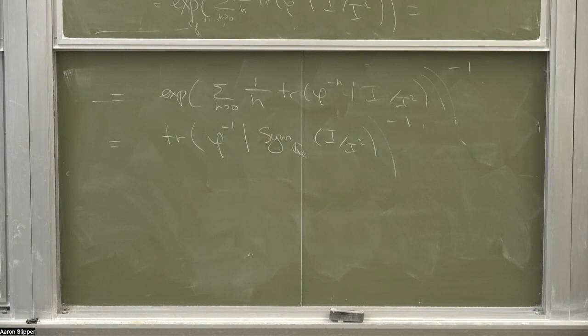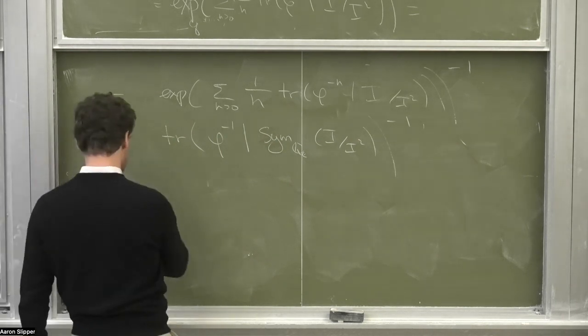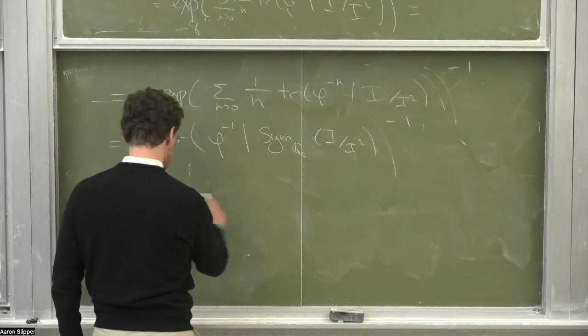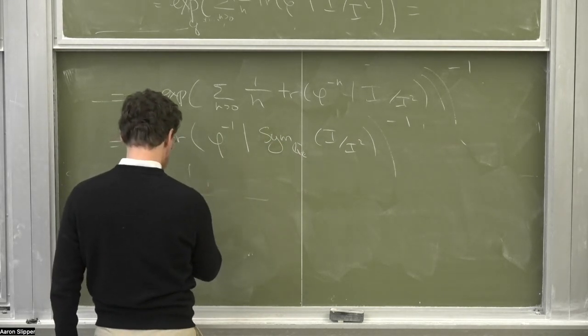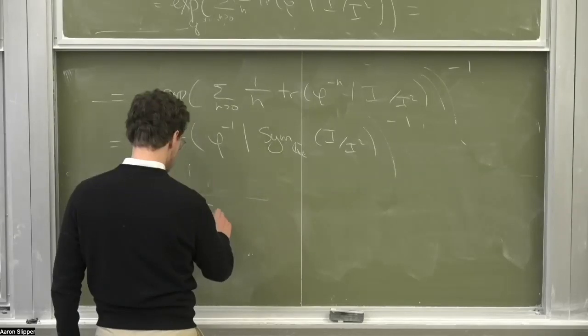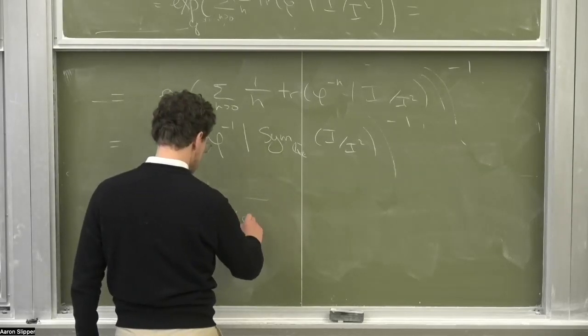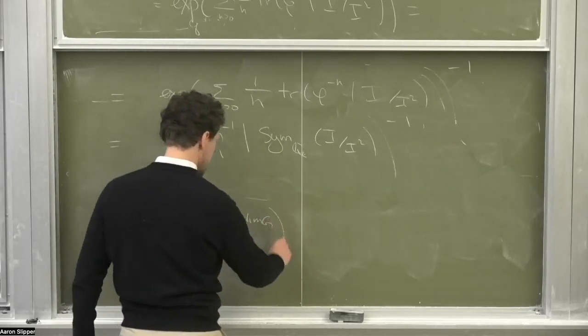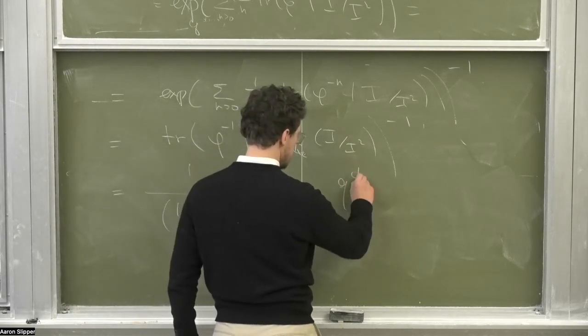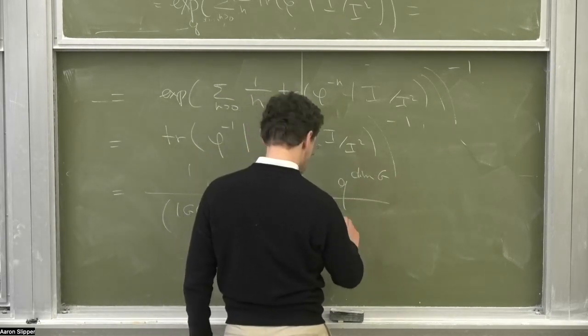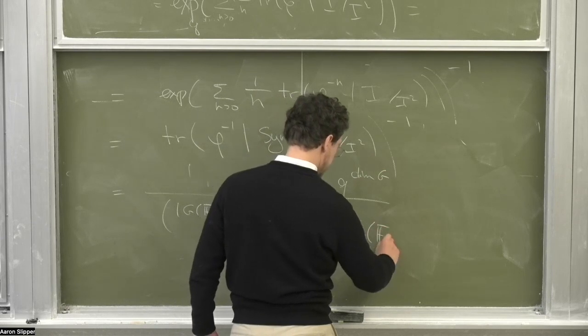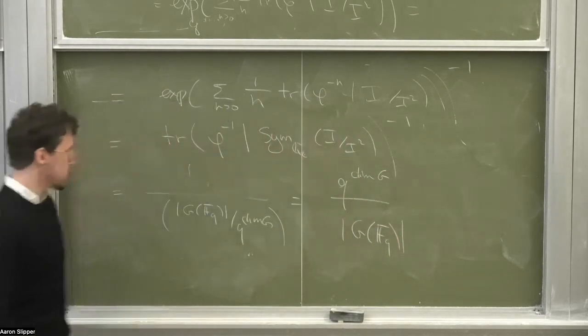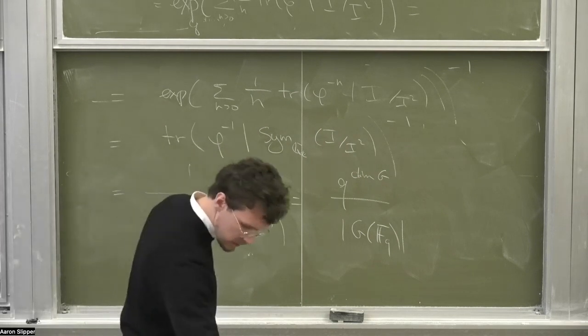But now G is just an affine algebraic group. So for G bar we know the Grothendieck-Lefschetz theorem. This is the same as 1 over the number of points of G over F_q.